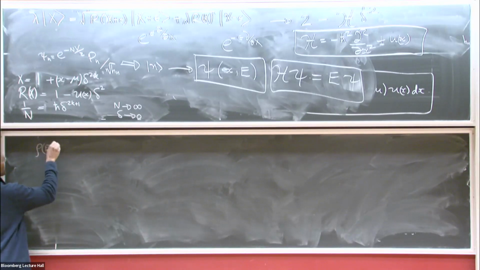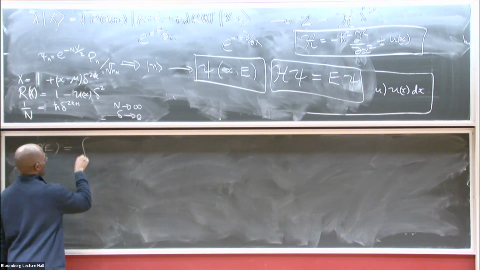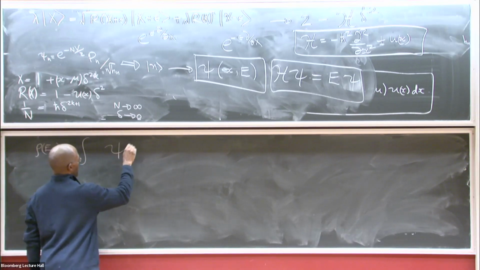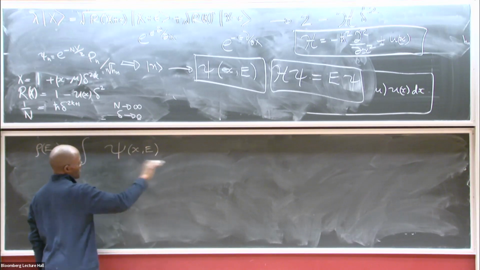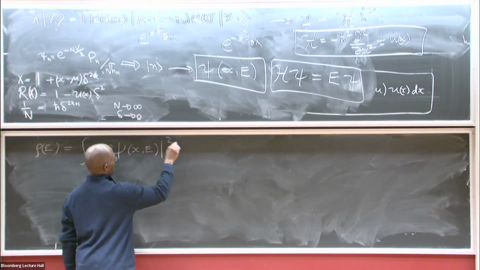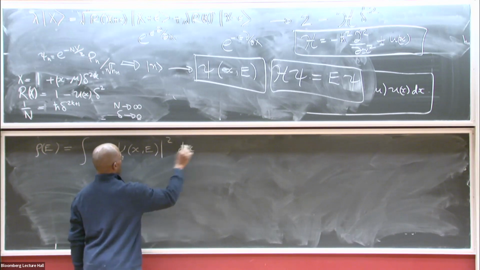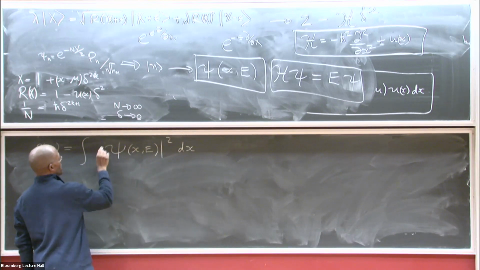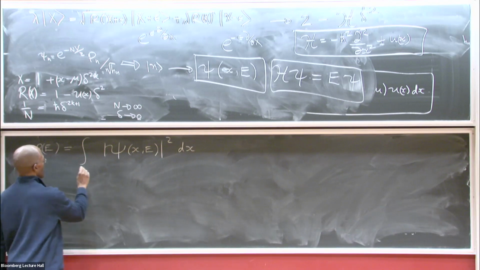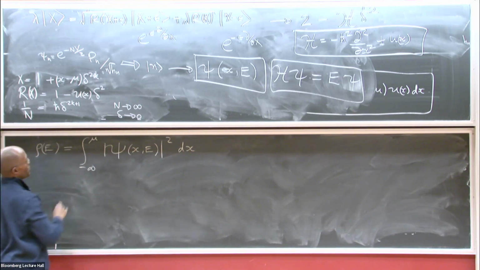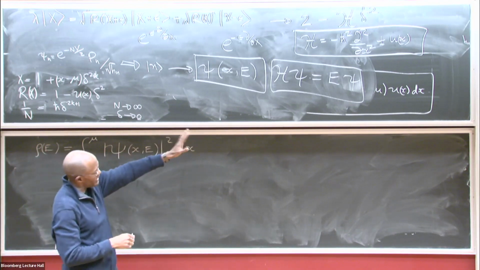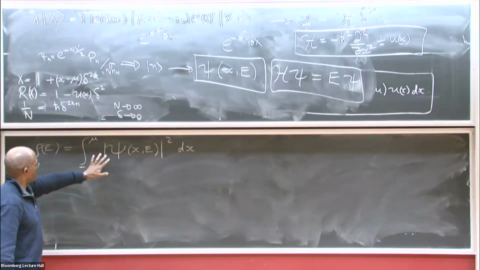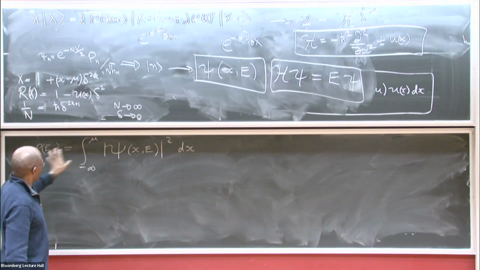So the spectral density, when the dust settles, ends up being the following expression. It wouldn't take too long to derive it, but I'm going to maybe derive it in a different way in a moment. Let me show you intuitively where it comes from. That's a funny thing to do from the point of view of this quantum mechanics, but that's because this quantum mechanics is just an organizing system. The physics is here.